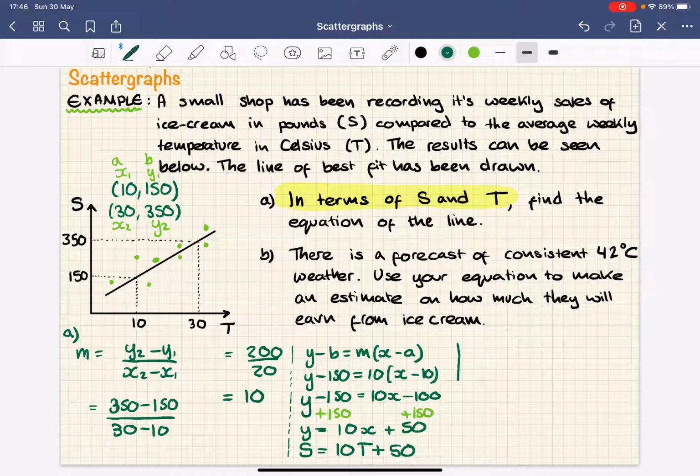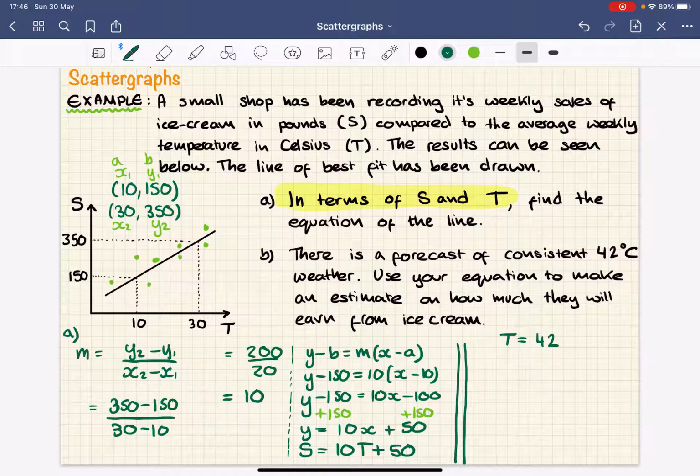Then part B says, there is a forecast of consistent 42-degree weather. Use your equation to make an estimate on how much they will earn from ice cream. So 42-degree weather. Remember, the temperature is in Celsius, T. So I know that T equals 42 here, and I'm wanting to find out what S is because that is their weekly sales.